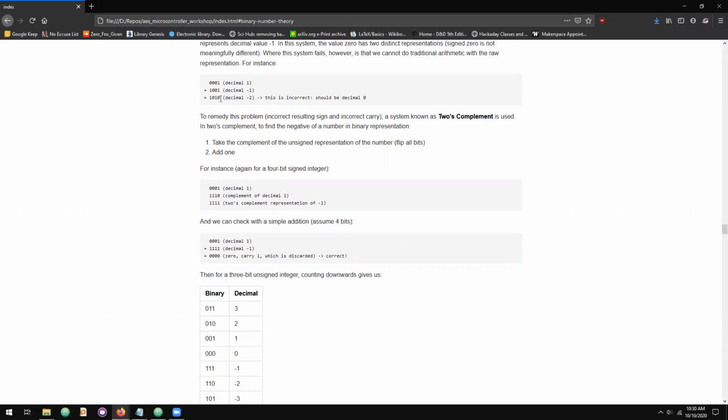So I note that we have an incorrect resulting sign here and an incorrect carry. So we try to remedy this using two's complement. And the way of representing a two's complement number is you start with the unsigned representation of the value, the raw value that you're trying to represent. You flip all of the bits, and then you add 1. So if you start with a decimal 1, you first take the complement.